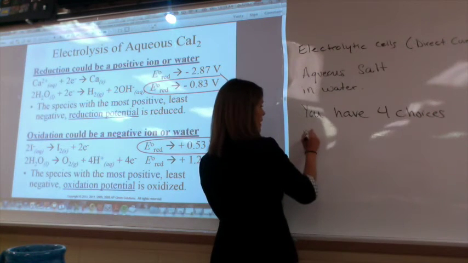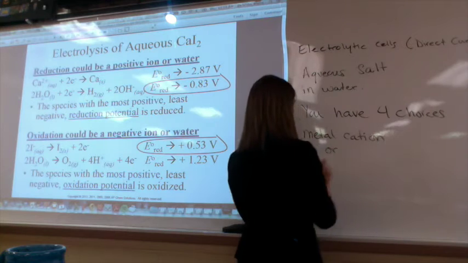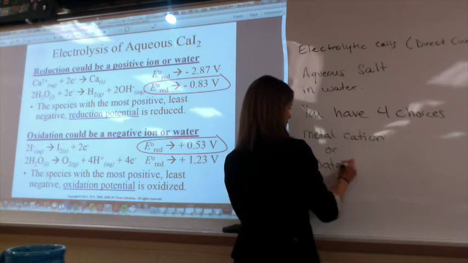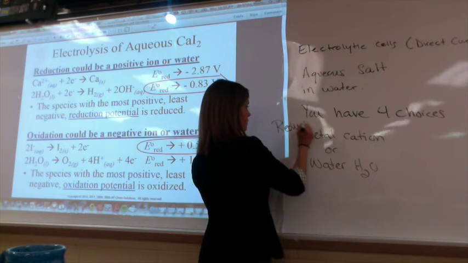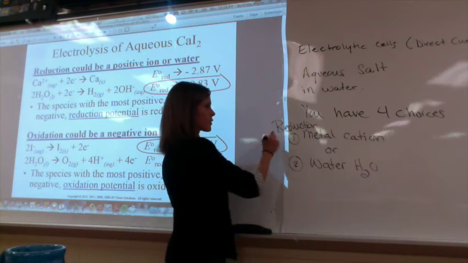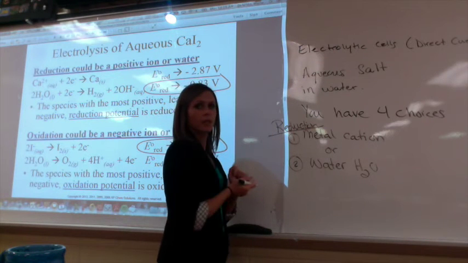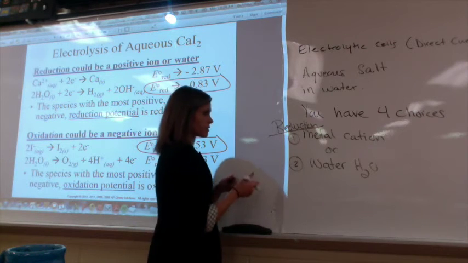It's going to be the metal cation or water. These are your reduction choices. So choice 1 or choice 2 for reduction. Your next choice is oxidation.